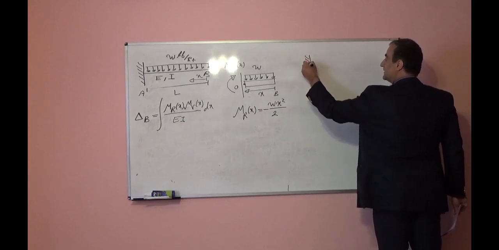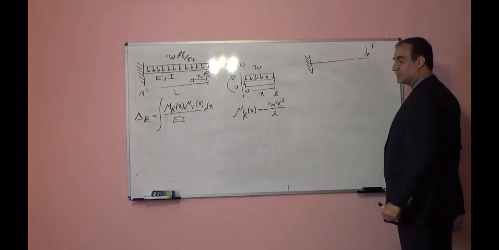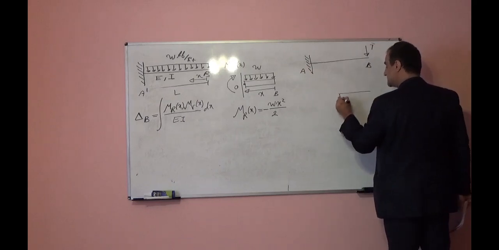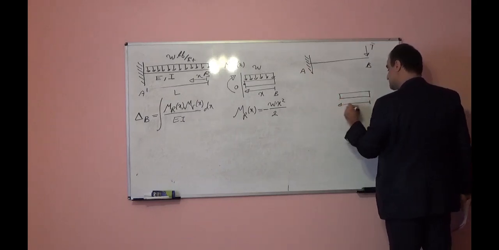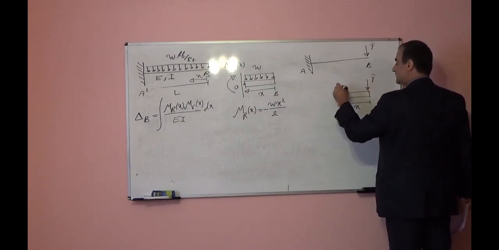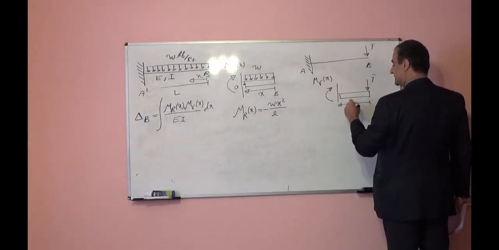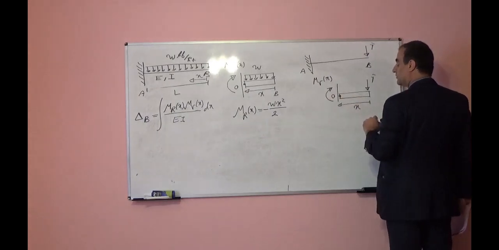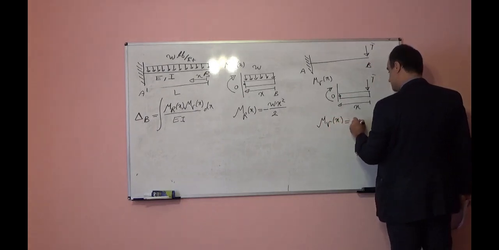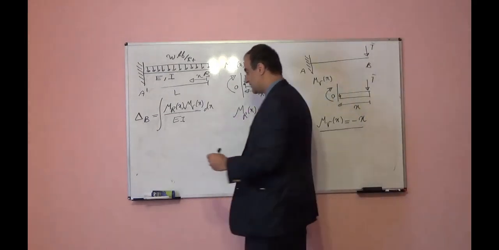Because I want to find the deformation at point B, I apply a virtual load at point B. Again, if I cut this beam at distance x, here I have unit load 1, virtual load 1. The internal virtual moment, if I take moment with respect to the cut point O, m_v(x) is equal to negative x. Let's plug in here.